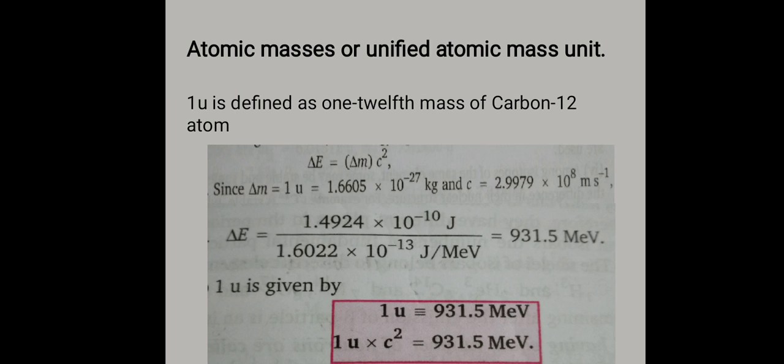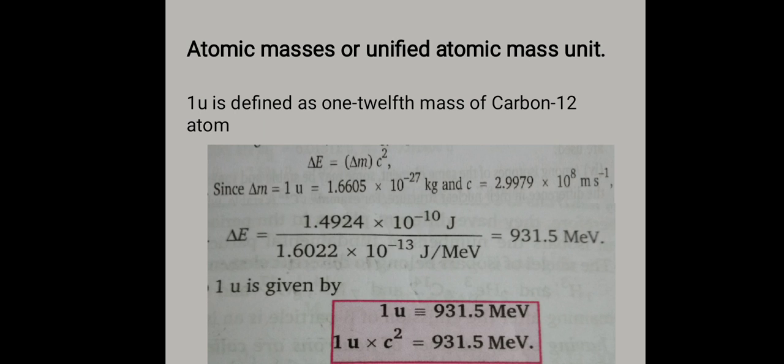C's value we know is 2.9979 into 10 raised to 8 meter per second. Substituting in delta E is equal to delta m c square and multiplying, we get 1.4924 into 10 raised to minus 10 joule.